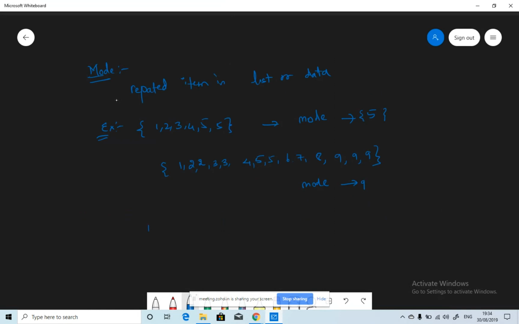Now, I'll take 1, 2, 2, 3, 4, 5, 580. What will be the mode? Mode will still be 2, irrespective of outlier.